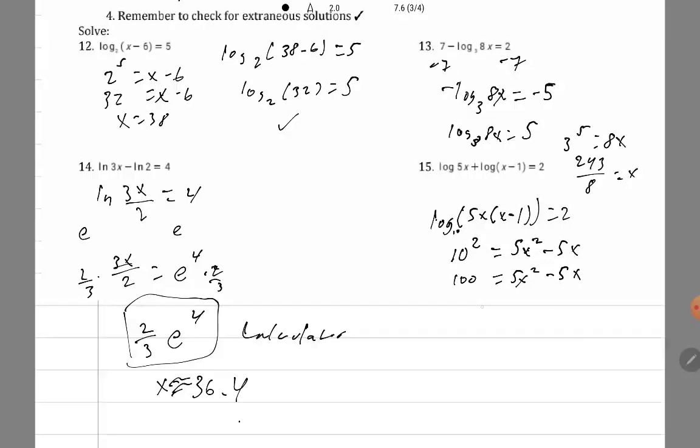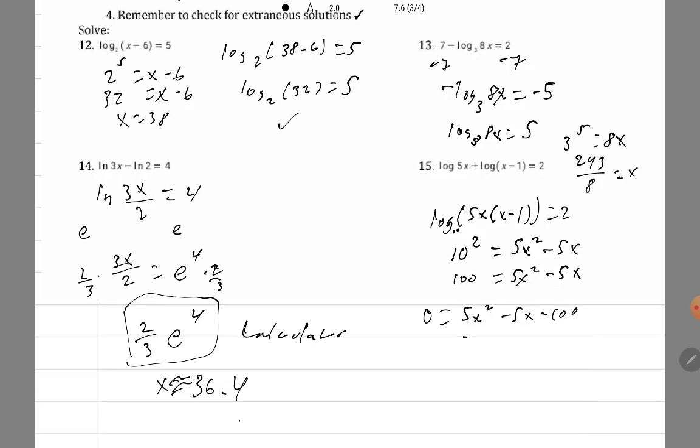Let's go ahead and move the 100 over. So I got 5x squared minus 5x minus 100, all equal to 0. Oh yeah, they all share 5. So x squared minus x minus 20.